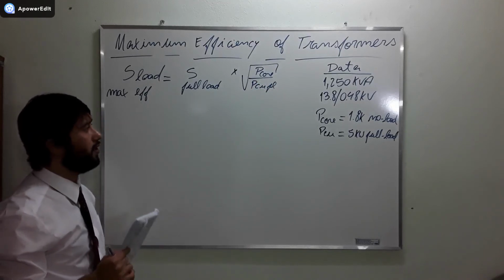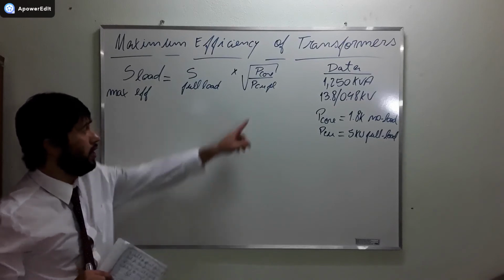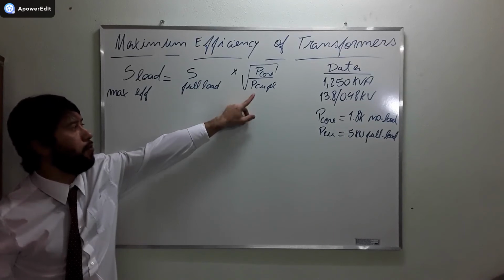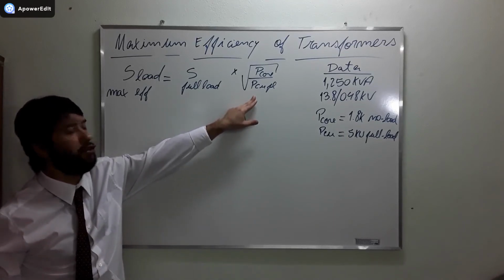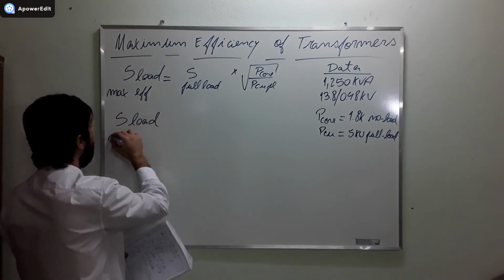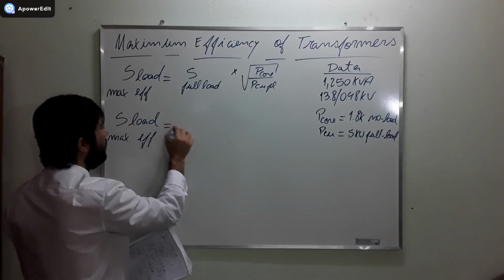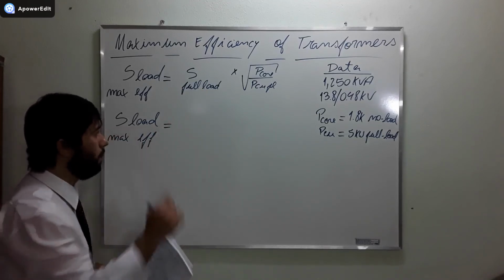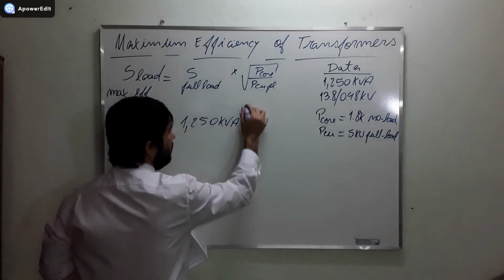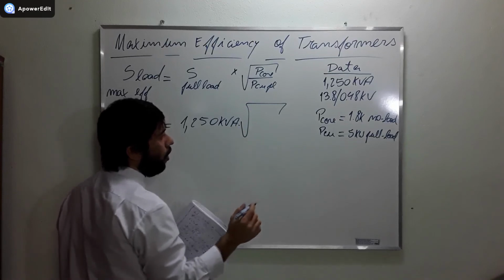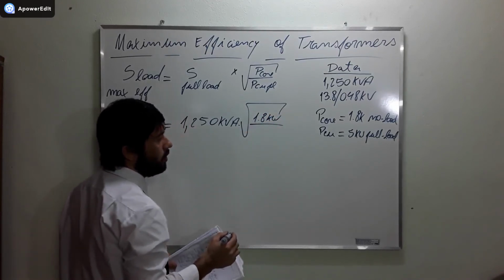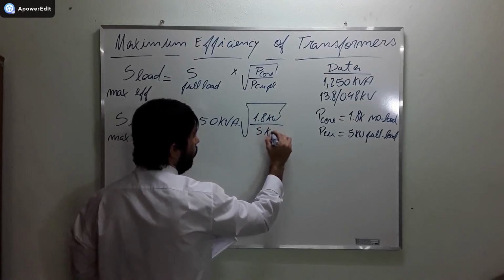So, to finish this simple problem that is not so simple if you can't come up with this, once you've come up with this, you can see that this problem is very simple, but the catch is to come up with this ratio, and we simply plug the values and we discover that the maximum efficiency is going to be reached when 1250 kVA times the ratio between the core losses, which will be 1.8 kilowatts, and the copper losses, 5 kilowatts.